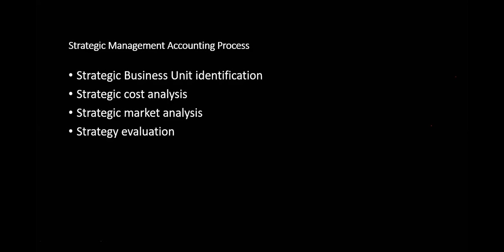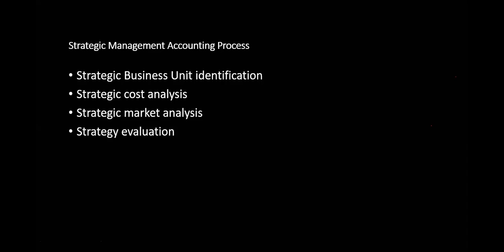Here you have to remember very clearly, the strategic management accounting process has 4 elements for our discussion. Strategic business unit identification is the first one. You have to identify this first. You can't do this in the second stage.